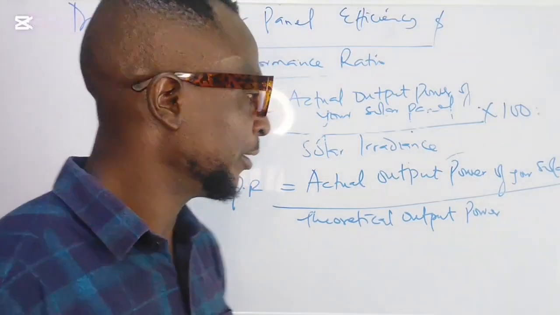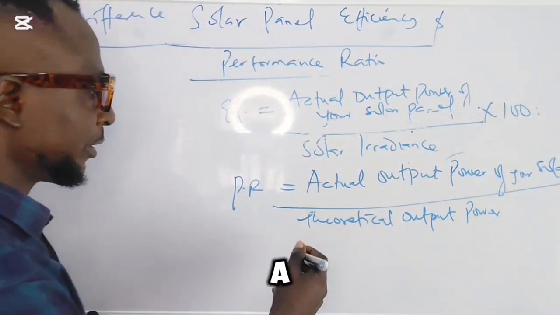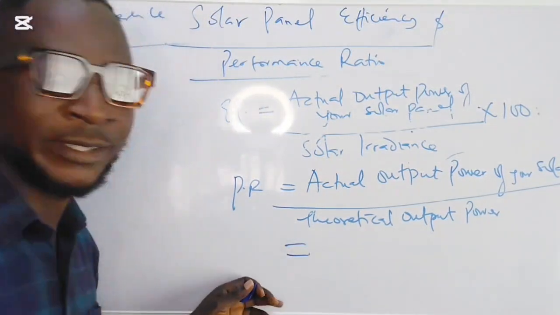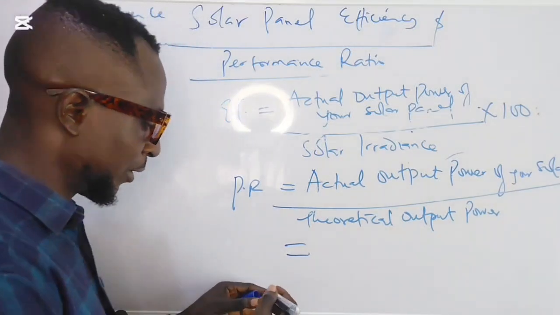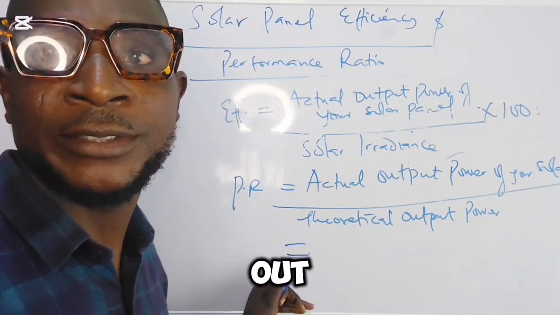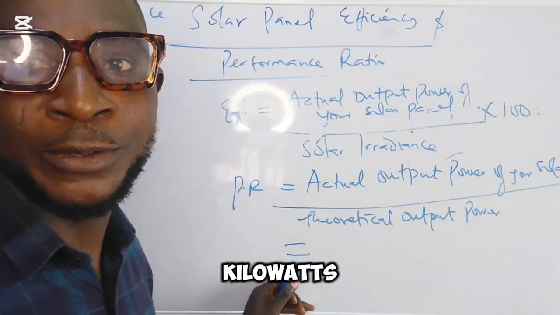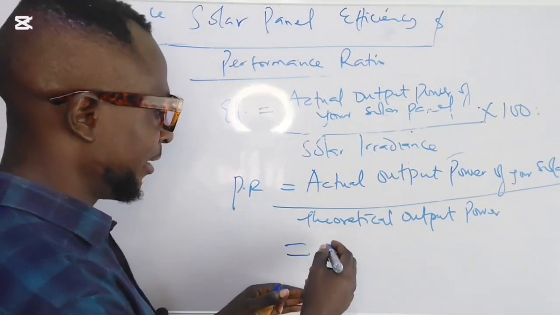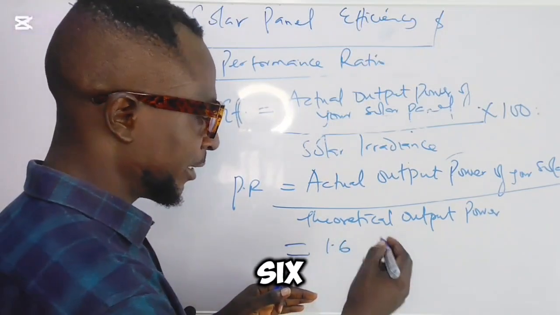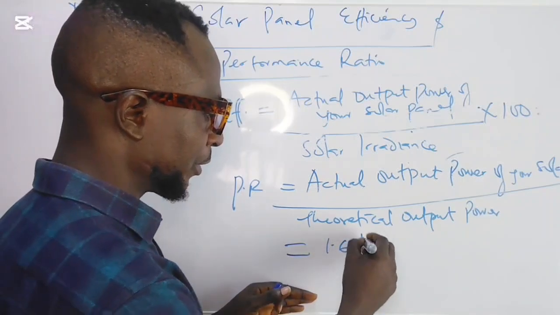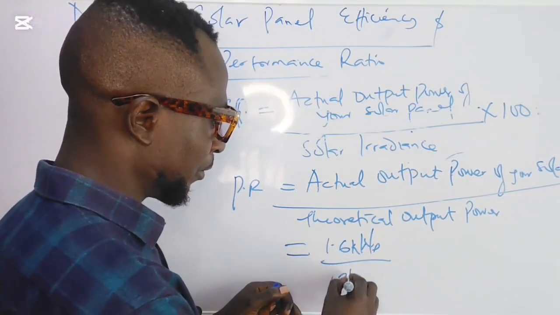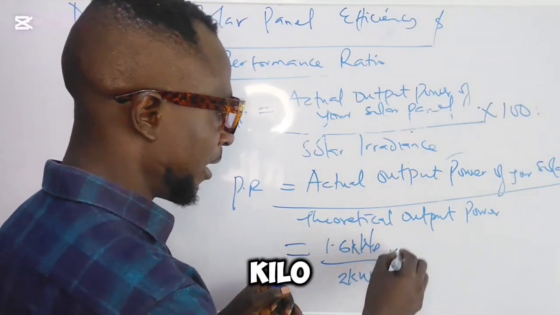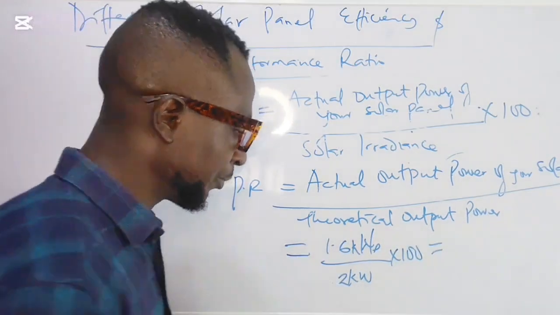If, for instance, you install, let's say, a 2 kilowatt panel, and what you are pulling out of the 2 kilowatt is 1.6 kilowatt, over two kilowatt times 100.